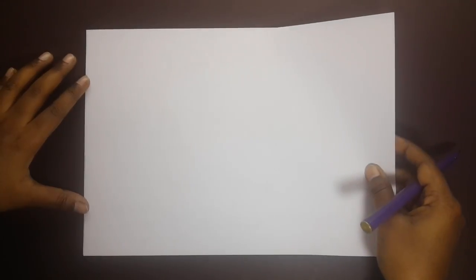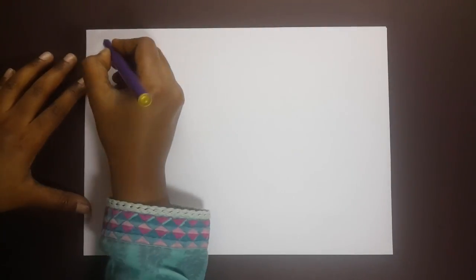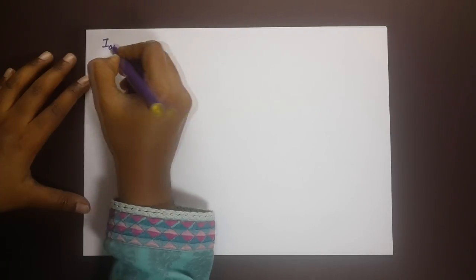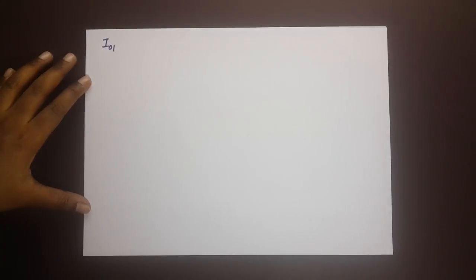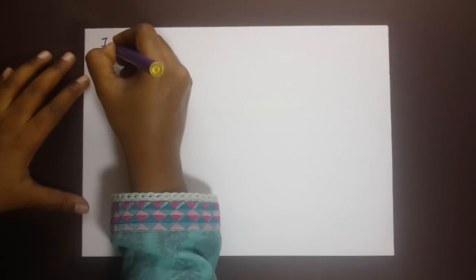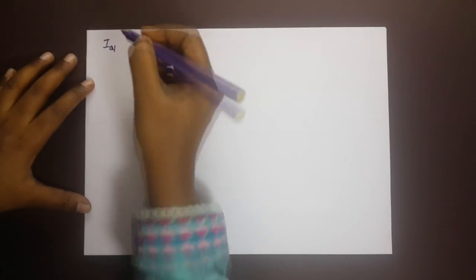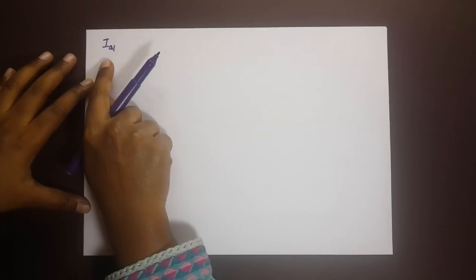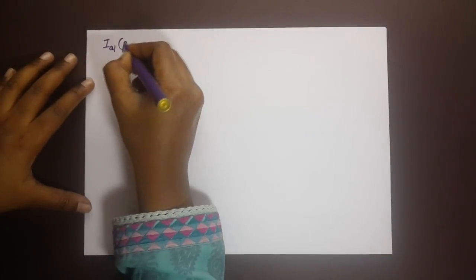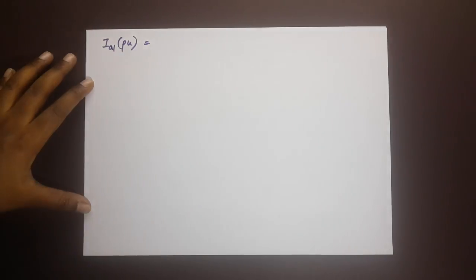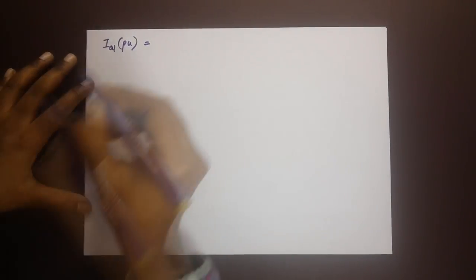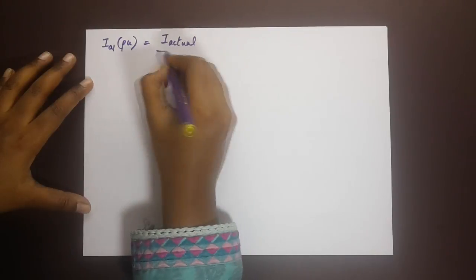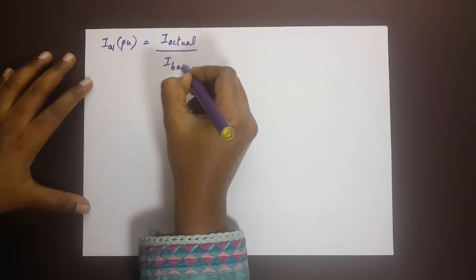So we need IA1, that's our positive sequence current with respect to the base in per unit, and the relationship with the base current is I actual divided by I base.